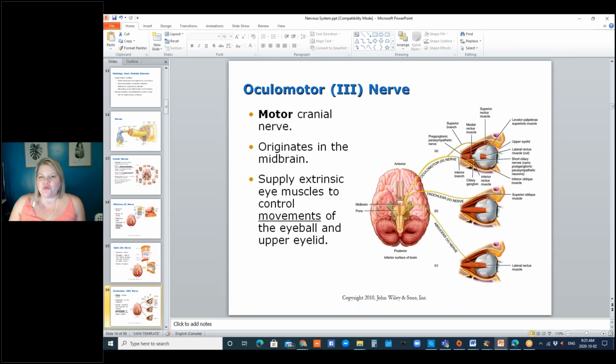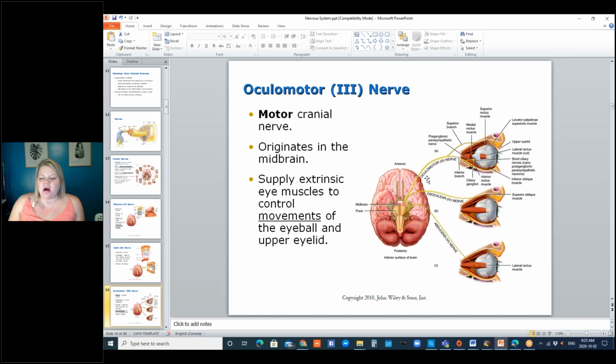Oculomotor nerve, or cranial nerve number 3, is a motor nerve only, so no sensory input from this nerve. And you can see that there are 3 nerves. These are different cranial nerves that I'm demonstrating in this photograph. Your eyes move in many different directions and require different muscles that are innervated by different nerves to do so.